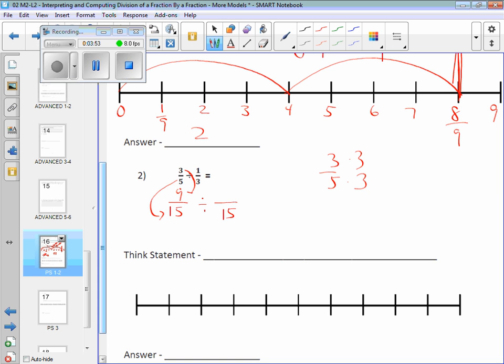What about 1/3? Smiley. Exactly. Okay, see what I did there? So now I have 2 equivalent fractions that are in the same common denominator of 15ths. Now I'm going to make my think statement.